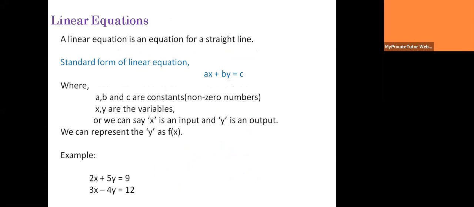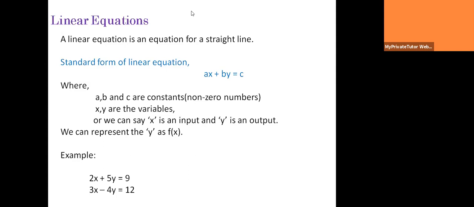So just go through the definitions. This is what I have explained. A linear equation is an equation for a straight line. The standard form of a linear equation is ax plus by equals c, where a, b, c are constants, non-zero numbers, and x, y are the variables. As I said, x is the input, y is the output. How does an example linear equation look?